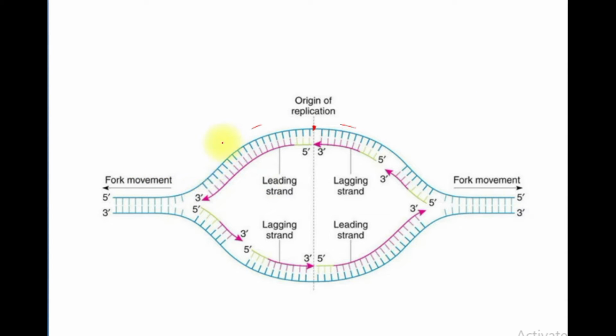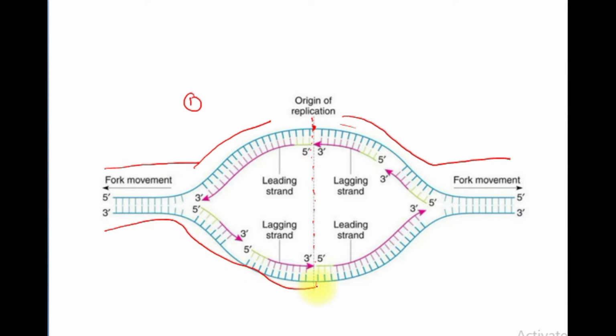This total is a replication bubble. But when we divide here, it will form two forks. Two forks are formed. This one is one fork and this one is another fork.